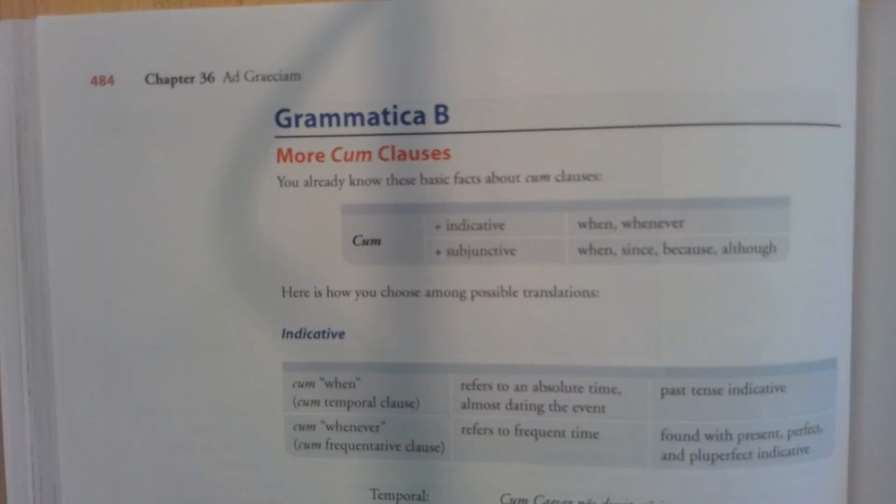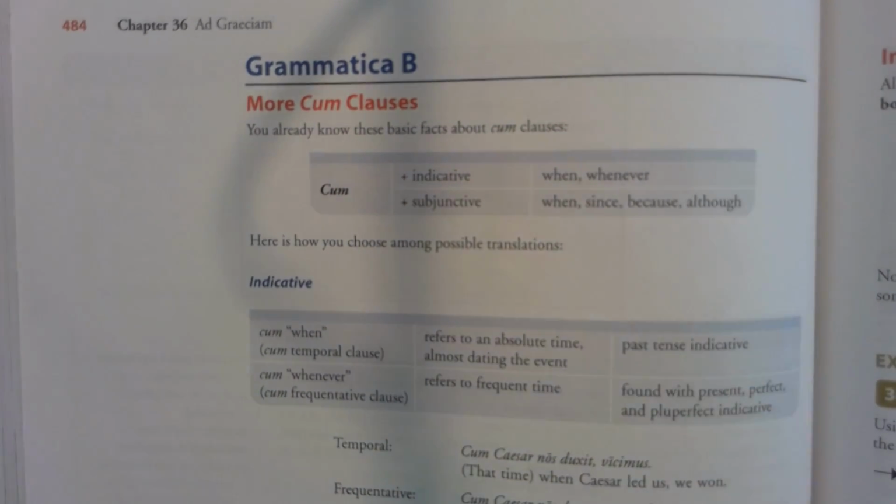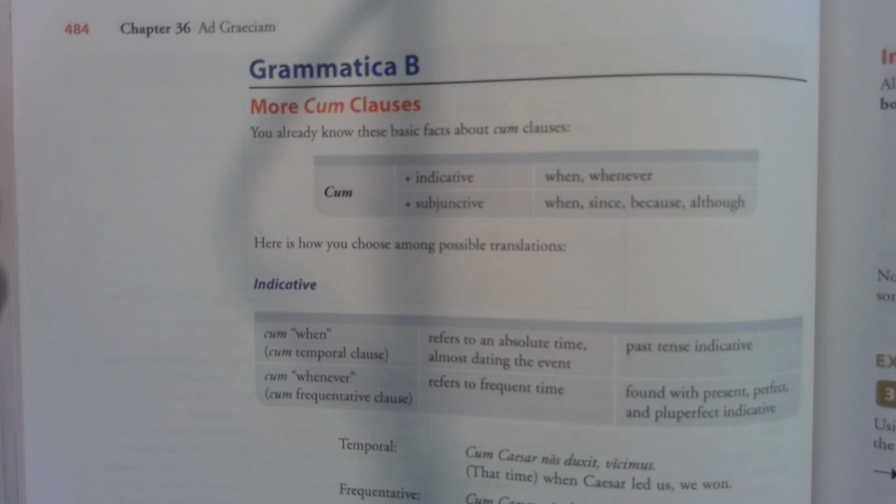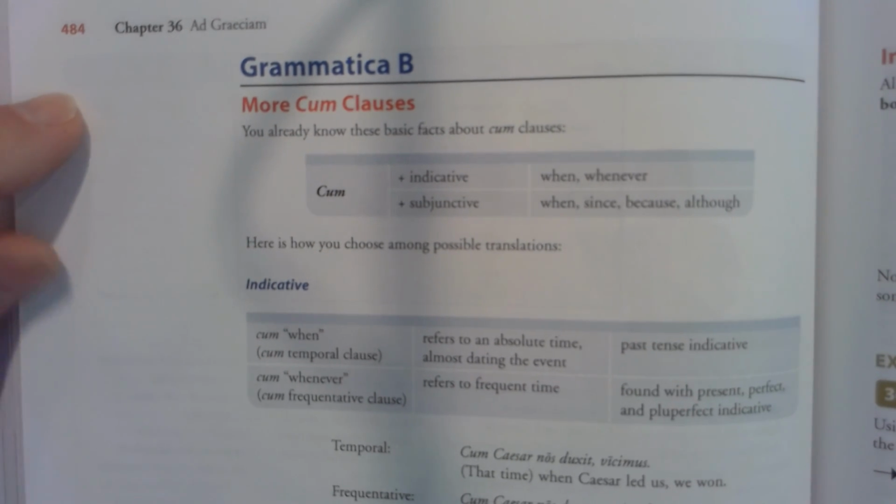All right, next up we will go to page 484, grammar B. Once again, cum clauses. Indicative, subjunctive. Subjunctive has several possibilities.